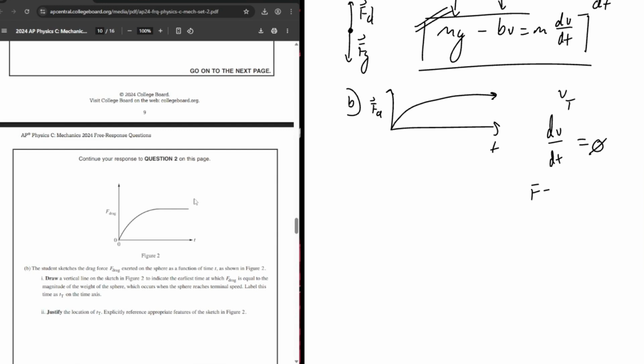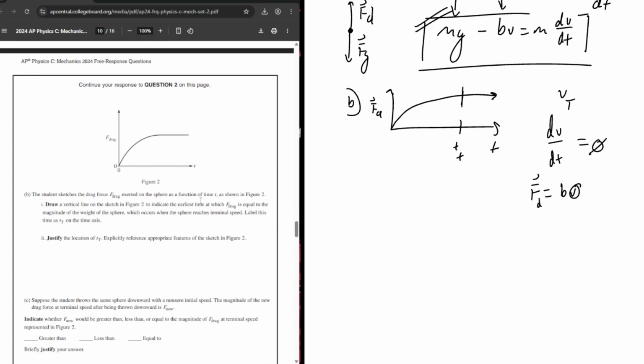Since Fd equals bv and Fd is dependent on v, when v reaches a constant value, Fd reaches a constant value. And that happens, my drawing is bad, but the moment that this graph goes horizontal, that's when tt has occurred. I'm going to label that there.